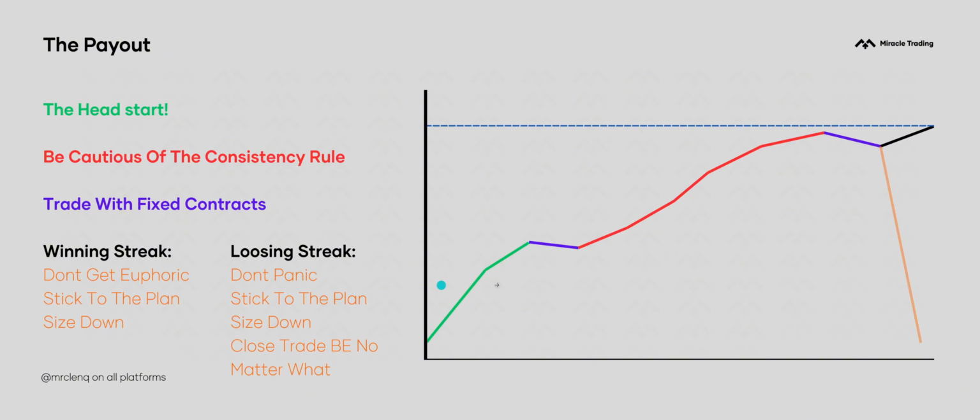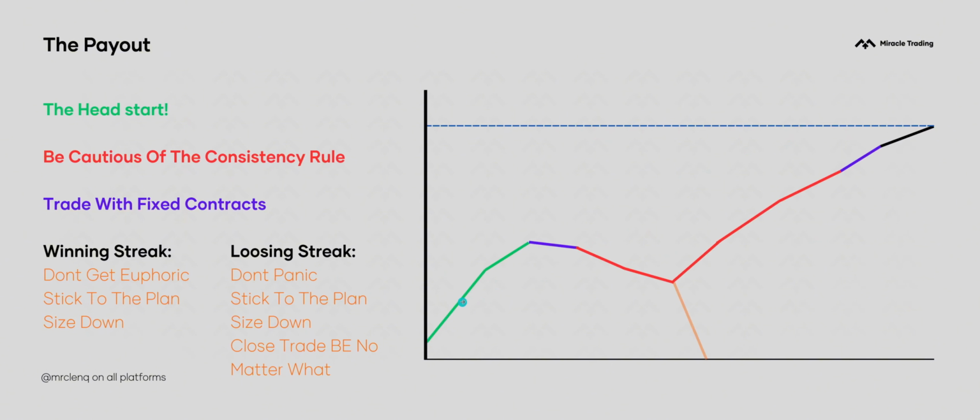And if you're on a losing streak, let's say you had a good head start and you take a losing trade, don't panic. Just be normal, just be disciplined, stick to the plan, size down, trade with a minimum contract until you get back to break even, which is right here.